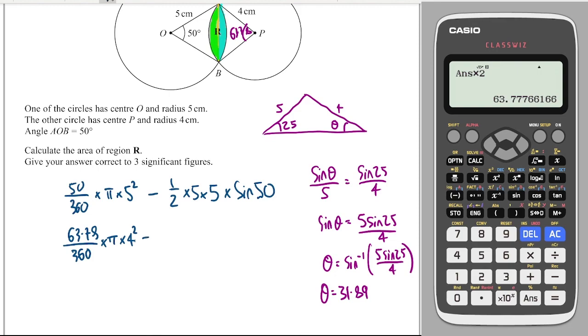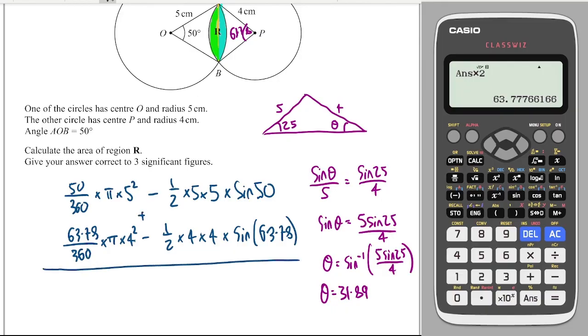And then I'd have to take away the triangle, which would be a half times by 4 times by 4 times by sine of 63.78. And then I'd have to add these two things together, and that will give me my total region R of the blue and the green. Okay, right, to the calculator then. This is going to be horrendous.